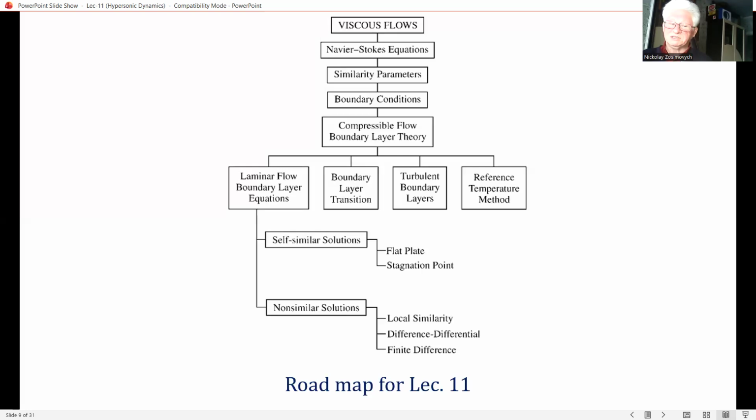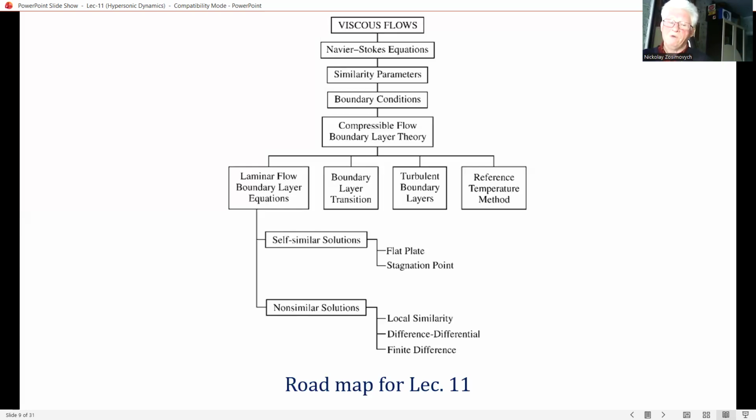Then we introduce the concept of a boundary layer, one of the most important intellectual concepts in fluid dynamics. Conceived by Ludwig Prandtl in 1904, the boundary layer is the region adjacent to a surface where the effects of friction and thermal conduction are dominant. The flow external to the boundary layer, however, is not greatly affected by such effects and can be treated as inviscid.